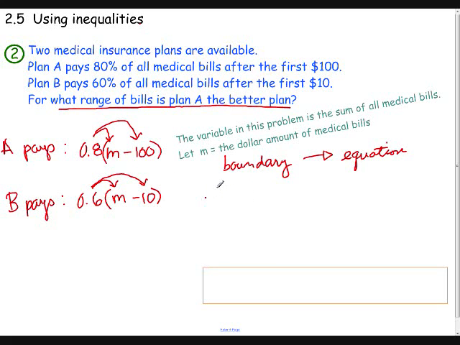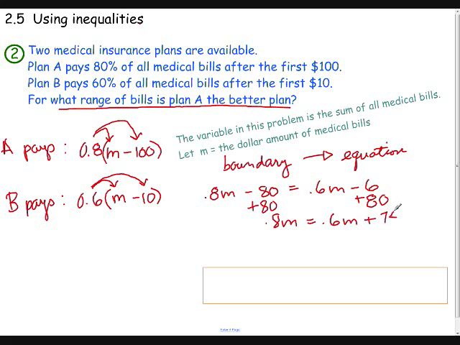So we'll have 0.8 M minus 80. See, I distributed that 0.8. And 0.6 M minus 6. So where is the dollar amount where these two plans are exactly equal? I'm going to add 80 to both sides. I'll have 0.8 M equals 0.6 M plus 74.